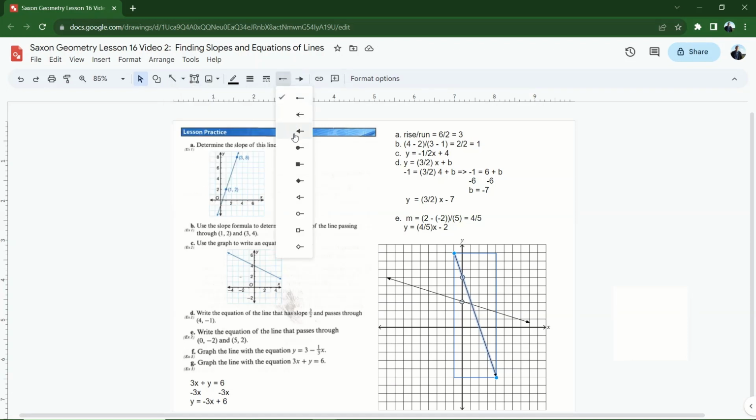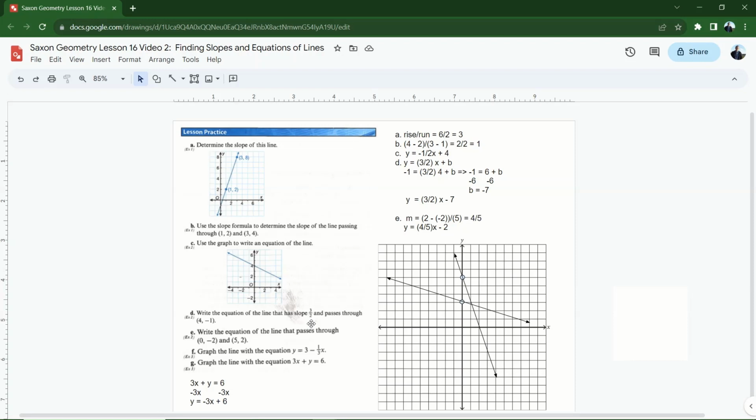So there's a y-intercept of 6 and a slope down 3 over 1. Okay, so that is how you work these types of problems using the equations of lines to find slopes, or using the information that you're given to find the equations of lines.